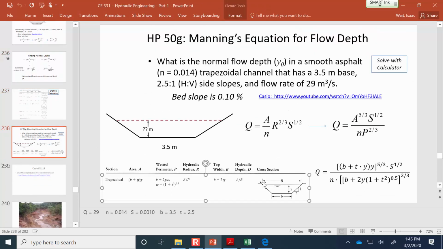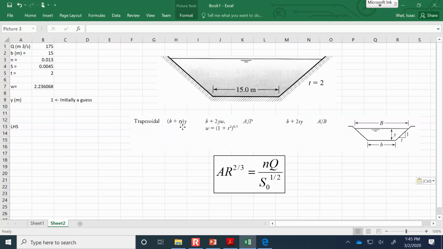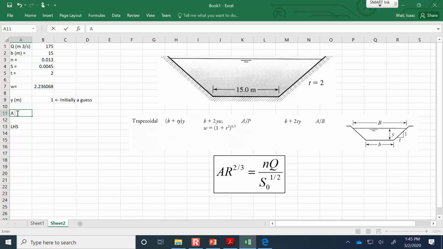All right. So for the trapezoidal channel, the area, so the area in square meters is going to be B plus T times Y, and Y initially is just a guess, multiplied by Y. So that's the area.